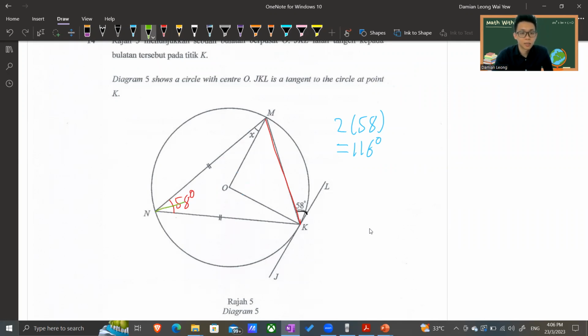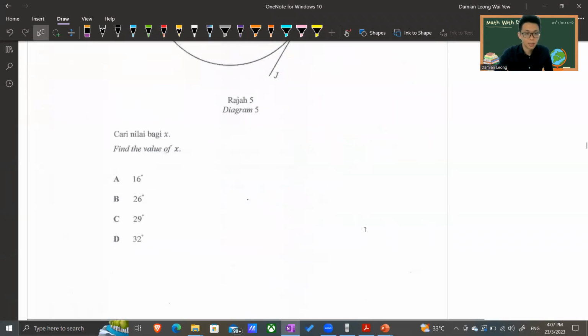An easier way, I can split here. This will split it in half because this length and this length are the same. If it's not the same, then we cannot just split like that. But if it's the same, each of these is 29, because this is radius, radius, radius, radius. So this is also an isosceles triangle. So here is 29. X is also 29. Answer C.